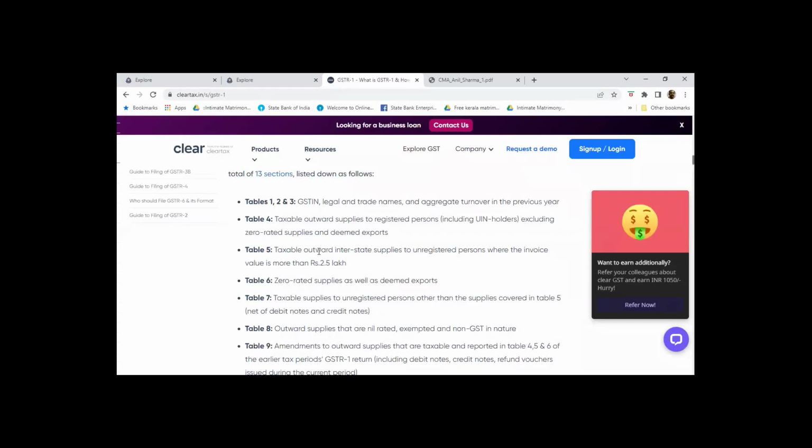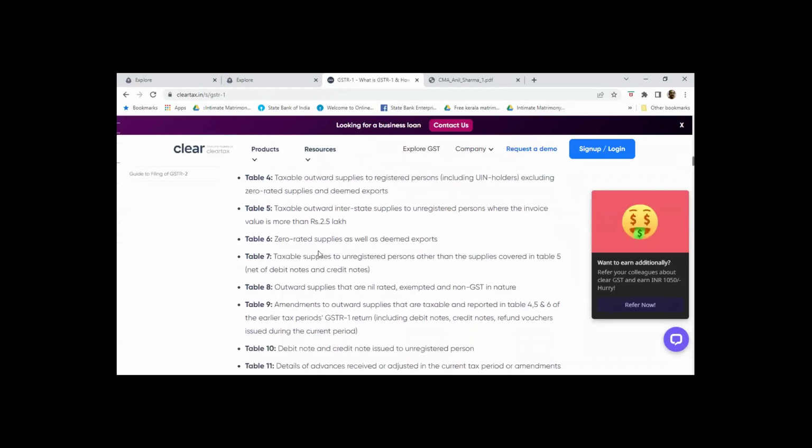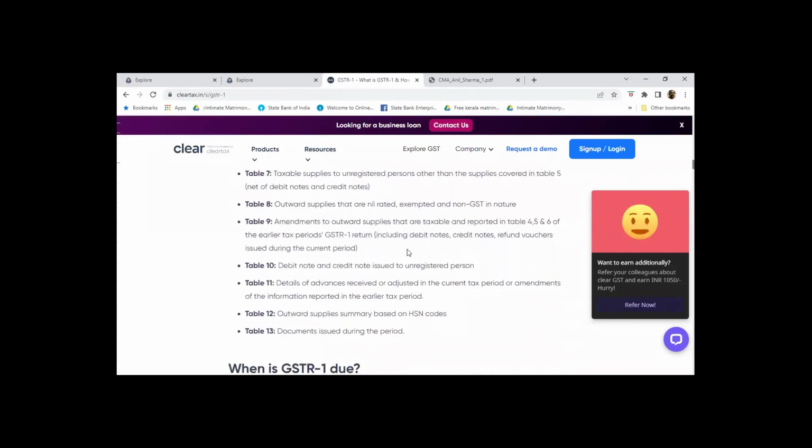Then table 9 is amendments to outward supplies that are taxable and reported in table 4, 5 and 6 of earlier tax periods GSTR 1 return including debit notes, credit notes, refund vouchers issued during the current tax period. It is table 9.